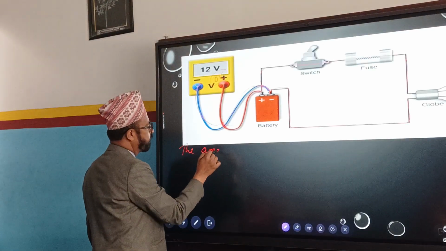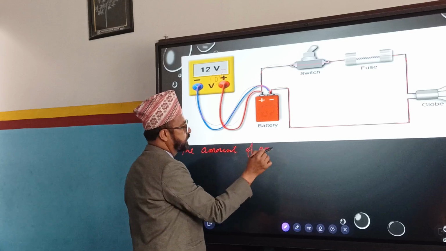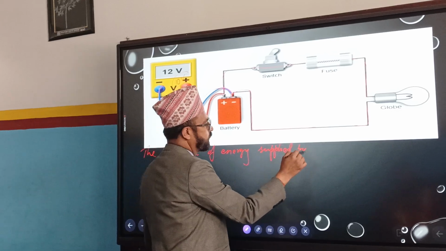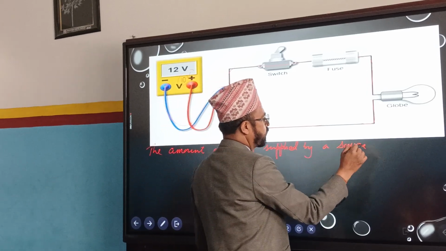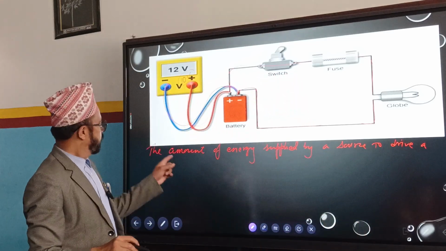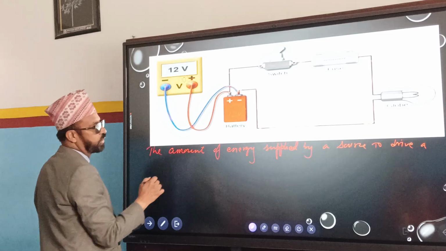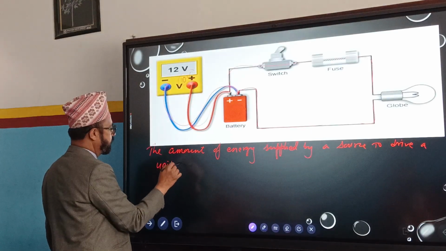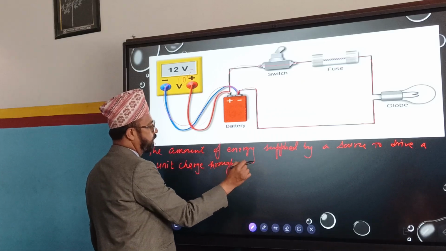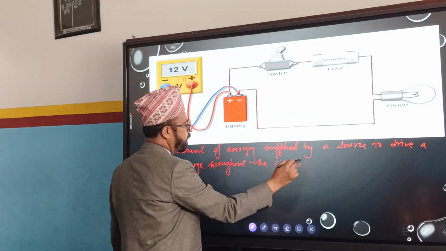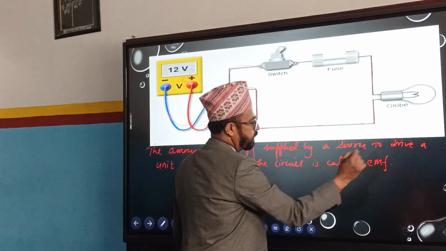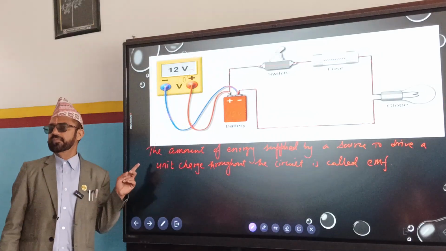The amount of energy supplied by a source to drive, means to carry, a unit charge throughout the circuit is called, what is the definition?